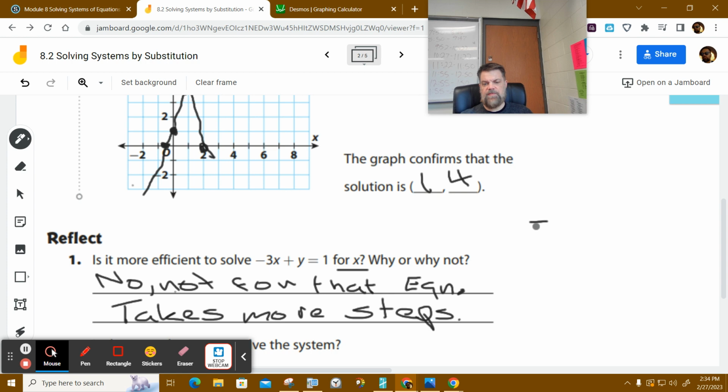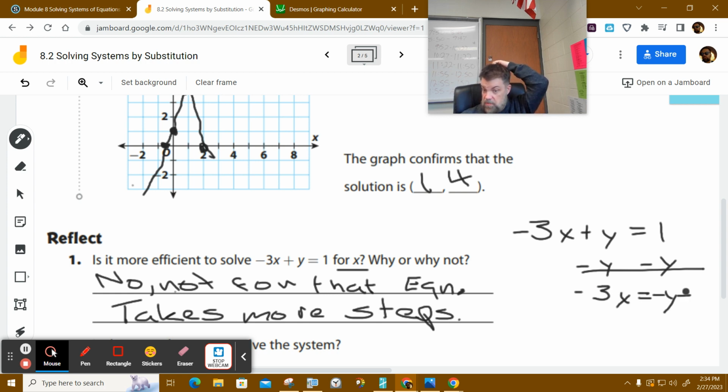And so what I'm saying is if I say negative 3x plus y equals 1, to get x by itself, I got to subtract y from both sides. That's one step. That gives me negative 3x is equal to negative y plus 1. Then I got to divide by negative 3.